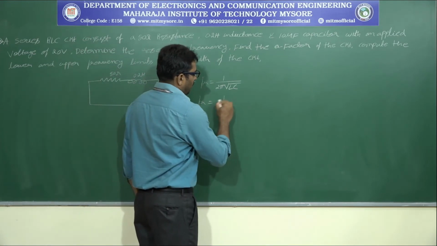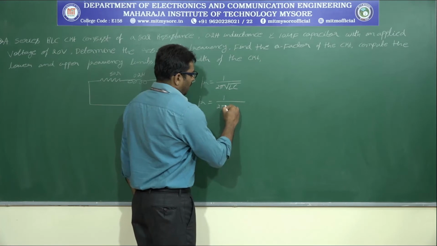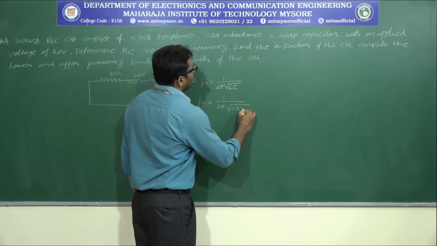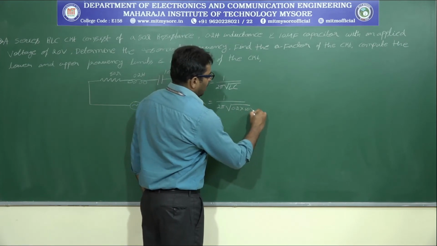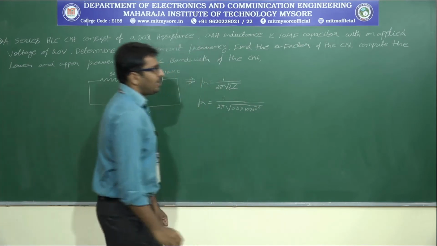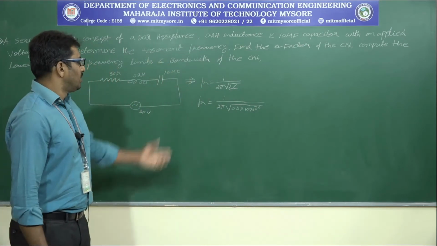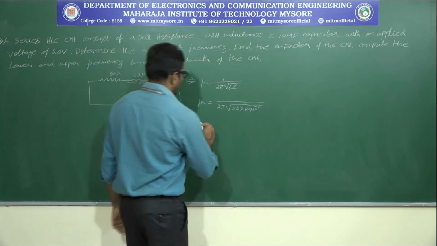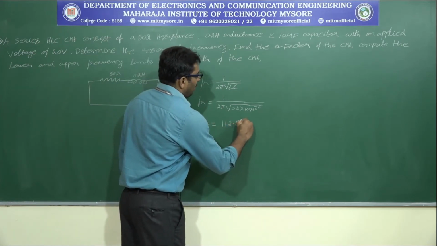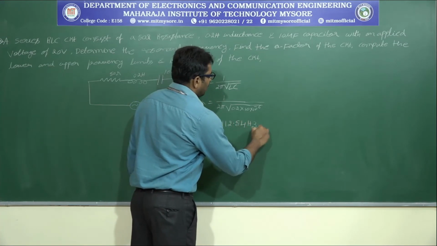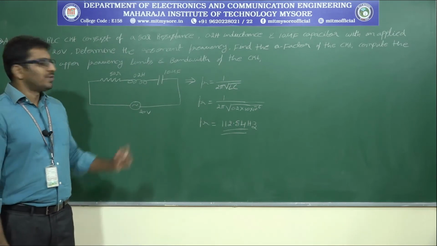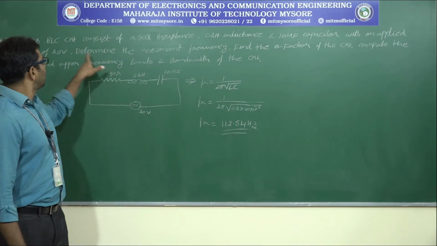Fr is equal to 1 divided by 2 pi into square root of, what is the L value? 0.2 Henry into 10 power minus 6 farad, since microfarad means 10 power minus 6 farad. By simplifying this expression, you will get 112.54 hertz. This frequency is nothing but the resonant frequency. This is the first part of the question.